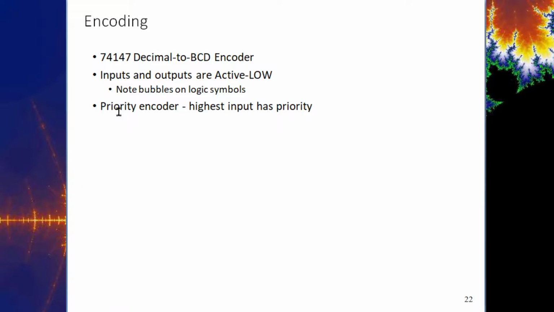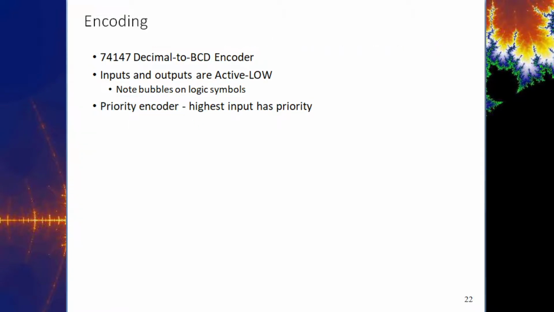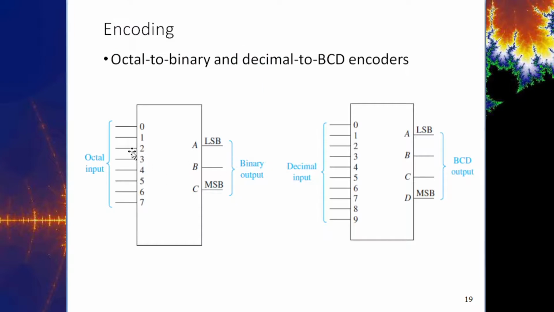Okay, priority encoding. You may ask yourself, that's great if we have this encoder and only one of the inputs turns on, but what happens if number 7 and number 4 and 0 all turn on? It's possible that all three of them could turn on. So what happens then? We have what's called priority encoding.